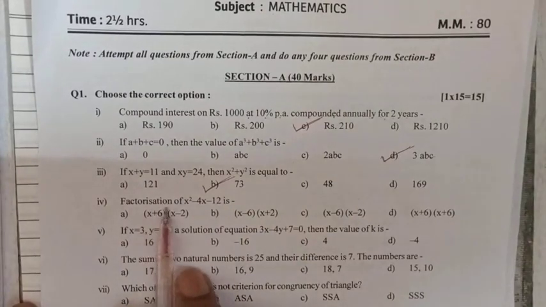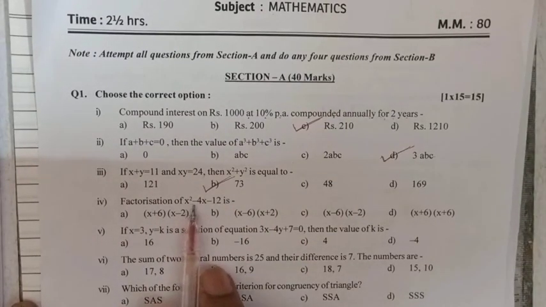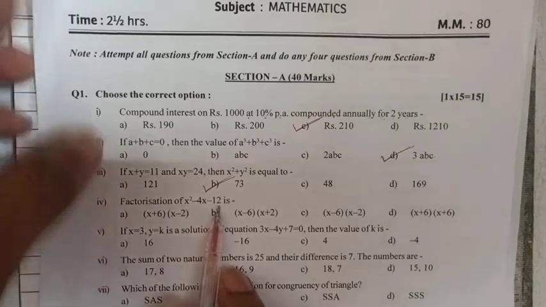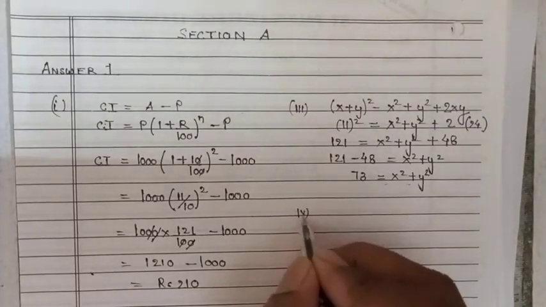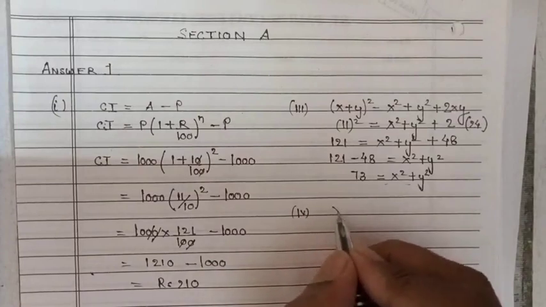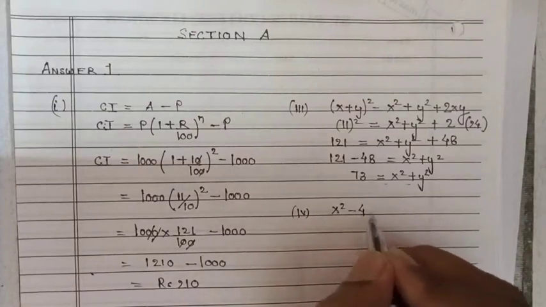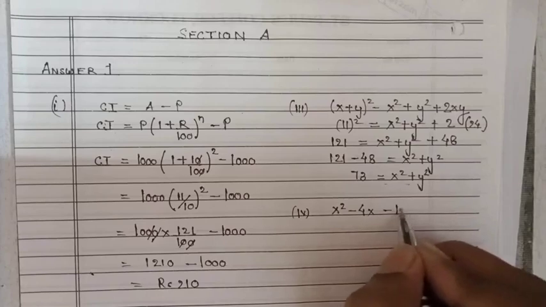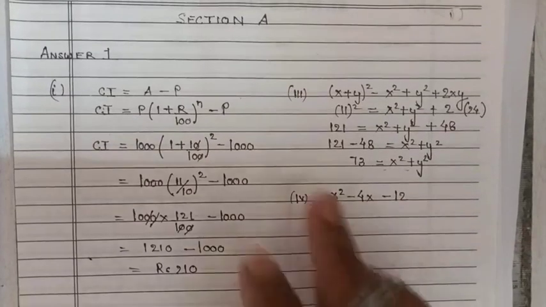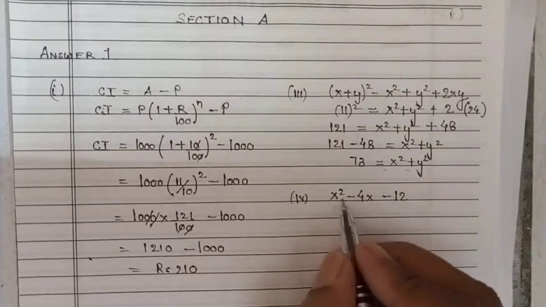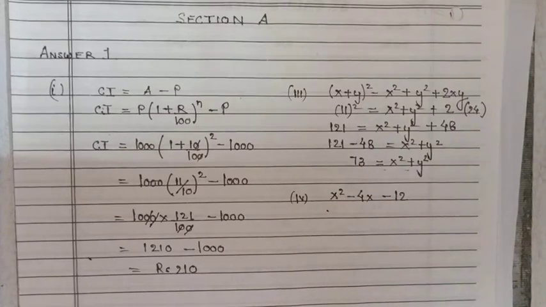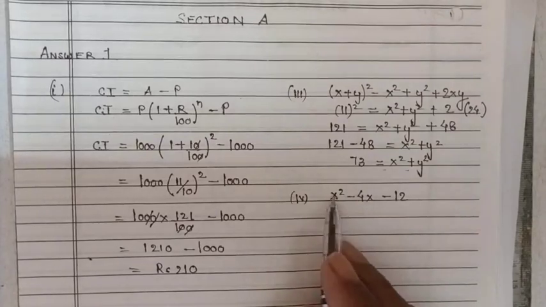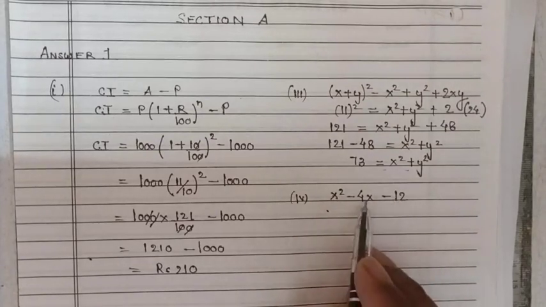Now we have to find the factorization of x² - 4x - 12. In the fourth part I will show you the working. x² - 4x - 12. So for this, you will be splitting the middle term here. Product needed is 12, and see, product is negative, so the product needed is 12 and the difference is 4.